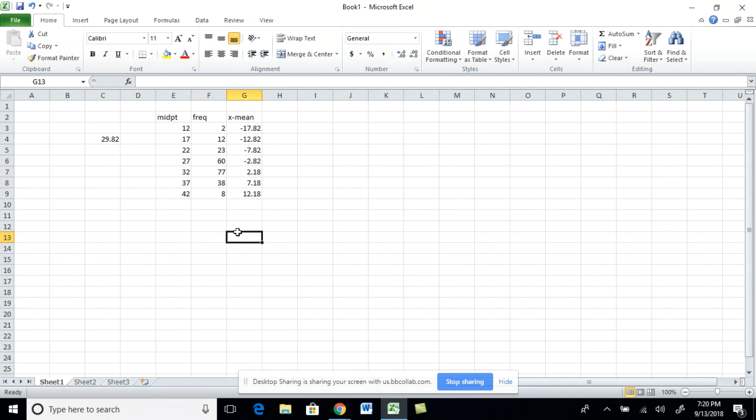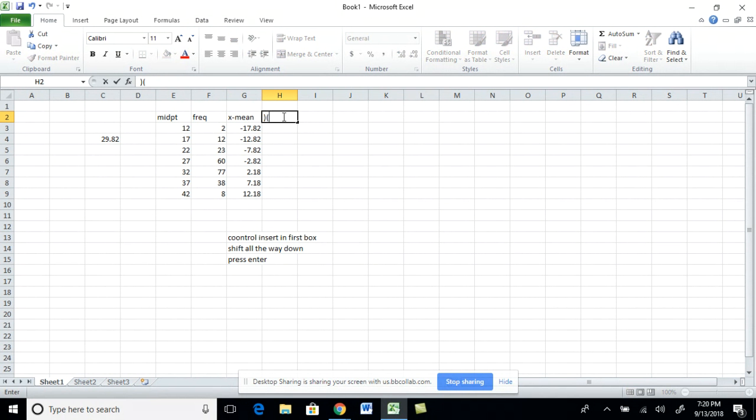So I did Control Insert in the first box, and then I did Shift all the way down, arrow down, and then I press enter. And it does it for all the columns. So this third column is the midpoint minus the mean.